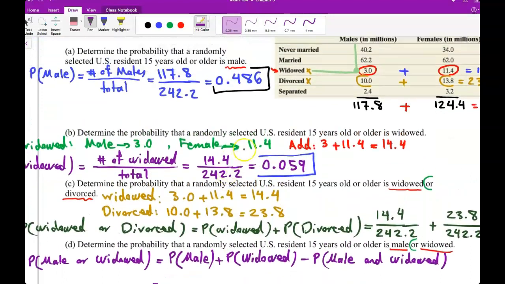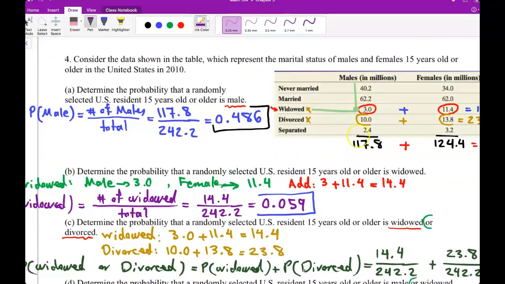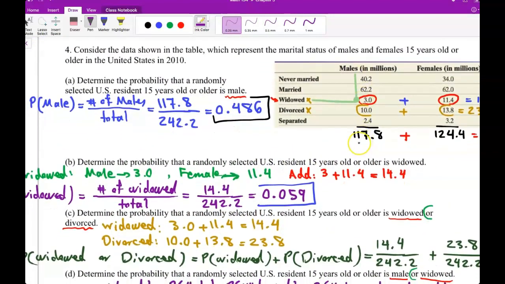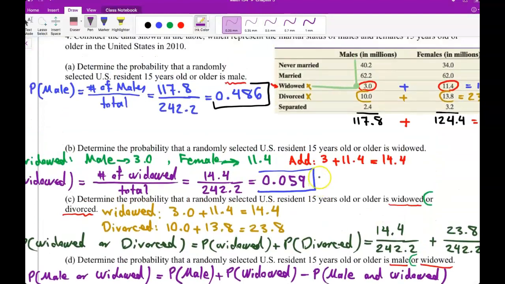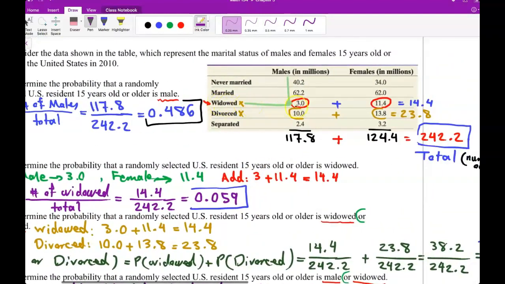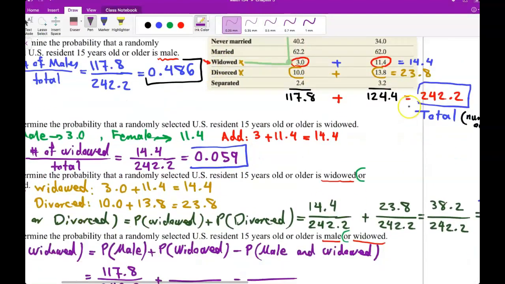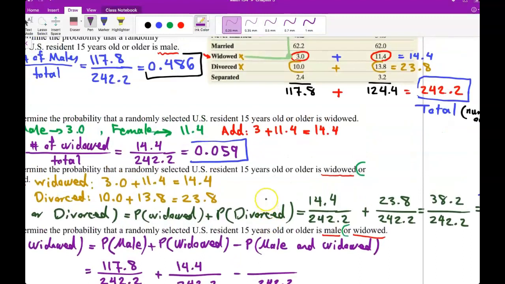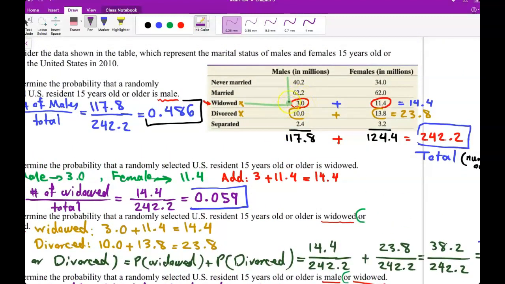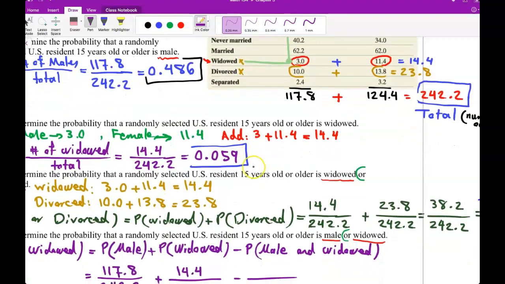Now here sum for this column for males was 117.8. For this part the sum was 14.4. And what we had in common here, the intersection between these two groups is 3.